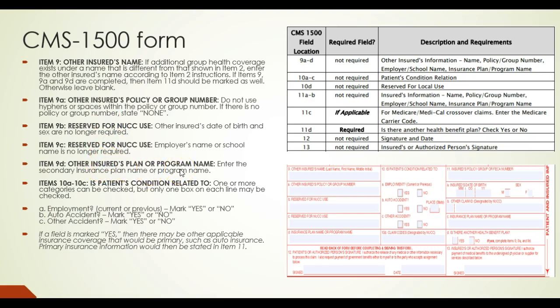So these fields are not required, so you don't have to worry about that. Boxes 10A through C, that's the patient's condition. You can check one or more categories in this area. And if you look at the screen, that would be right here in the middle, 10A, B, and C.